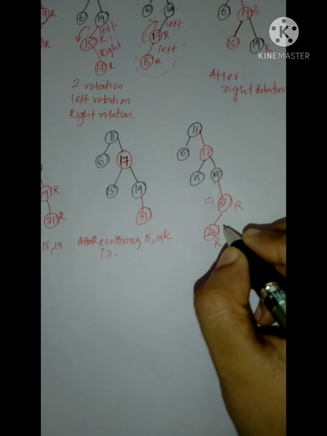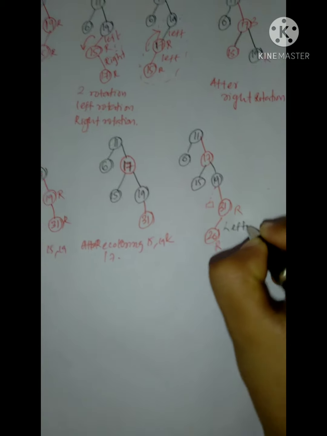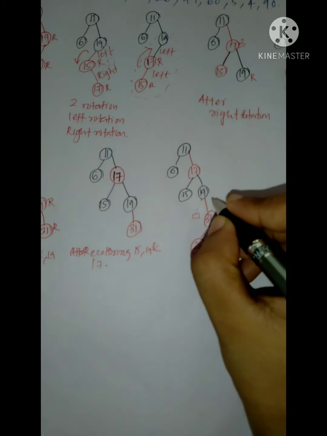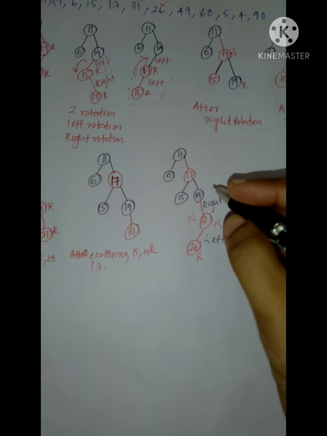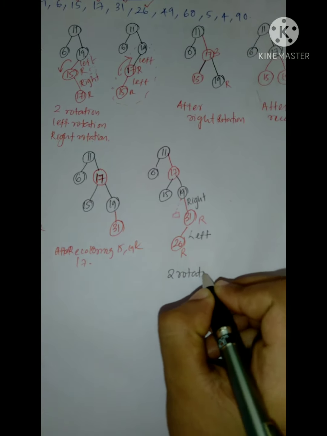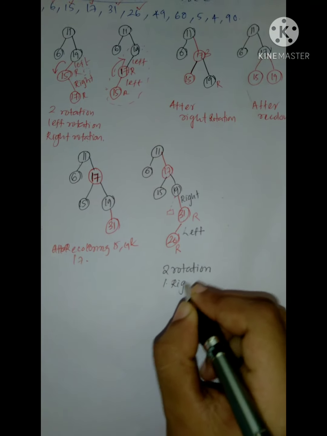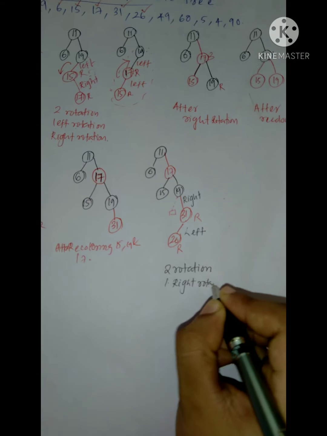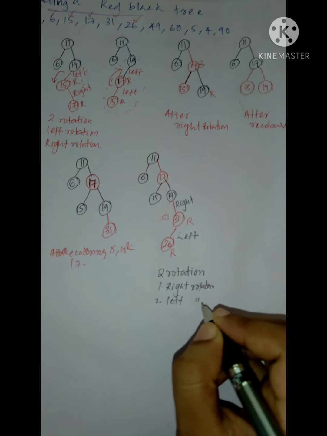Here 26 is left of 31 and 31 is right of 19. So we want two rotations. First one is right rotation and second one is left rotation.